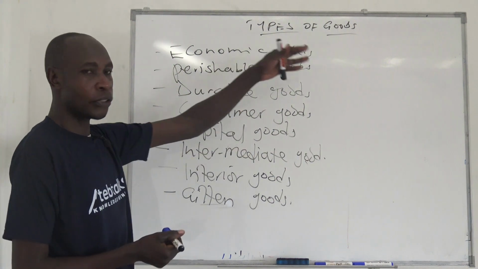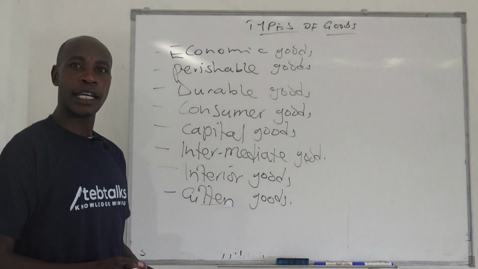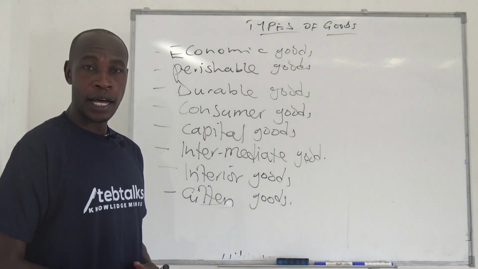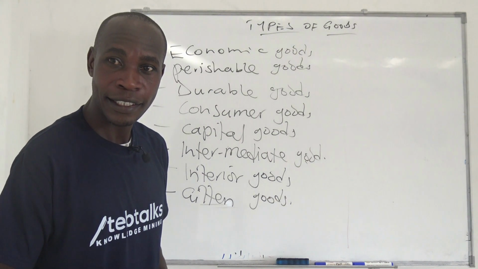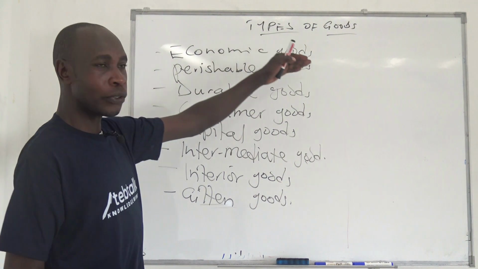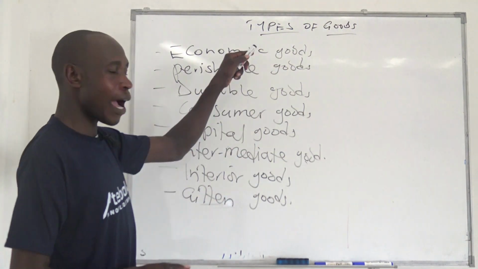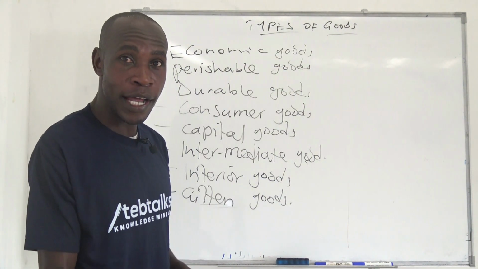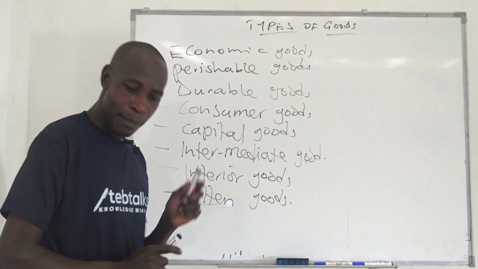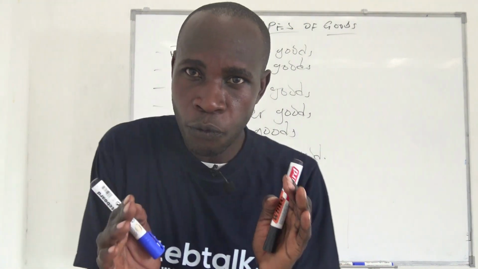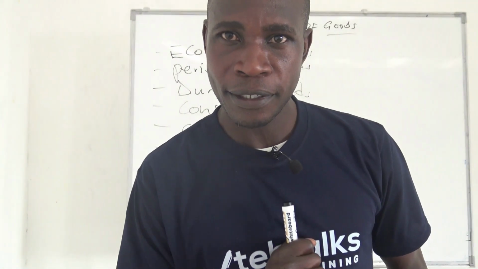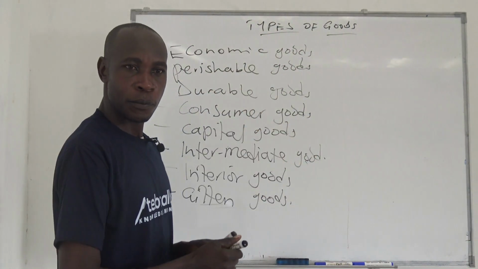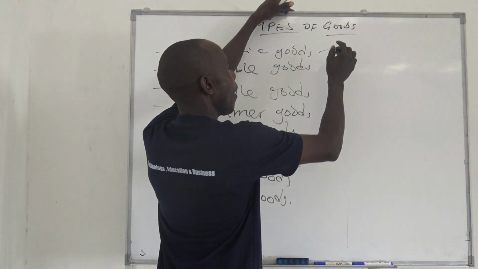Okay, you're saying that economic goods are goods which are scarce in nature and they have money value. Is that what you're saying? Oh, okay. Economic goods are goods which are scarce in nature and they have the ability to satisfy human desires. I remember we talked about some characteristics. What could they be? Yes. They have money value.